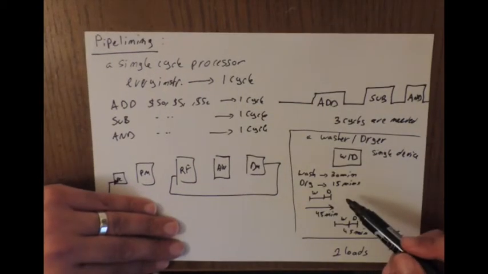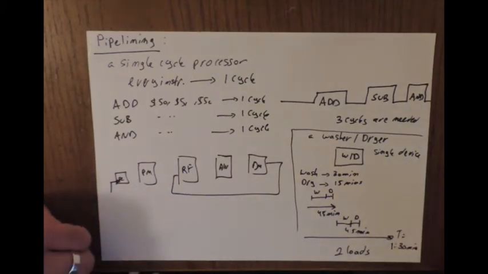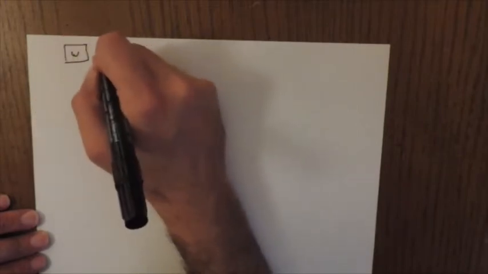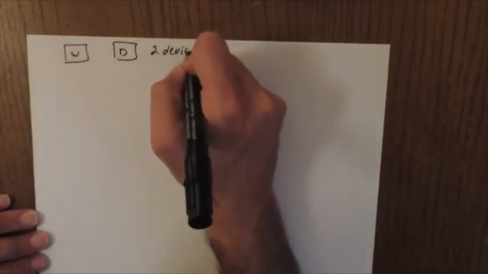So we washed and dried the first load, let's say this was the colored, and then we put the whites, we washed and we dried for 1 hour 30 minutes. So now another idea was to increase productivity. What if I brought a washer and a dryer? Now I have 2 devices.